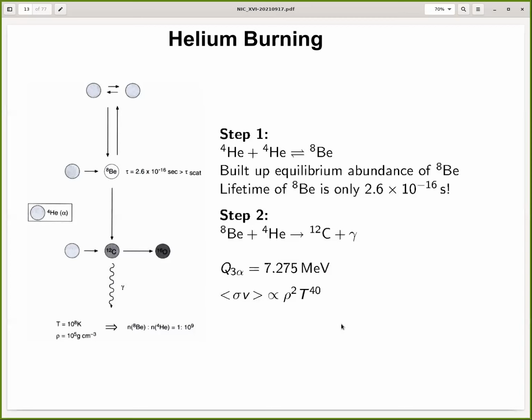This process scales with density squared because 3 particles have to come together, and it has a very high temperature sensitivity of T to the power 40. So once the helium burning starts, it sets in rapidly and saturates quickly. So usually it burns at very similar temperatures because of this high temperature sensitivity.